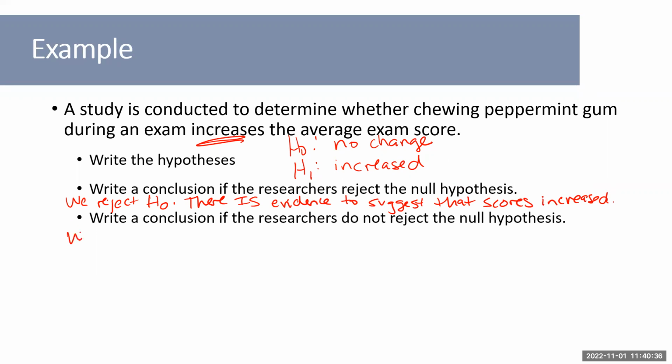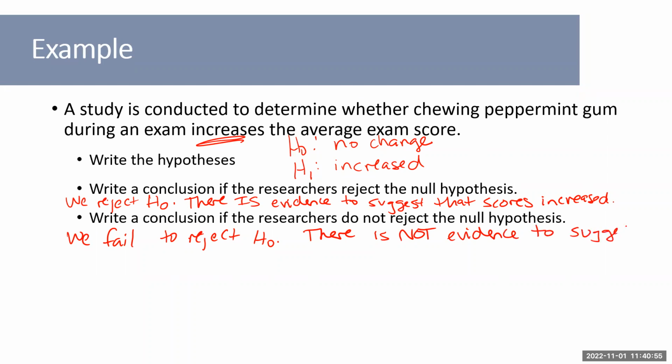If they do not reject, we say we fail to reject. And if we fail to reject, we say there is not sufficient evidence to suggest that scores increase. It's the same thing, so that tail end of the sentence is the same.